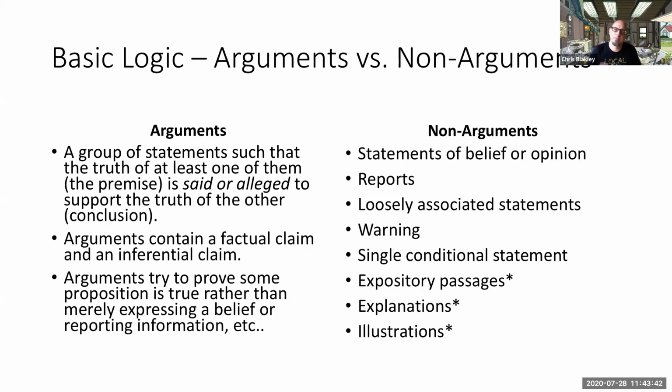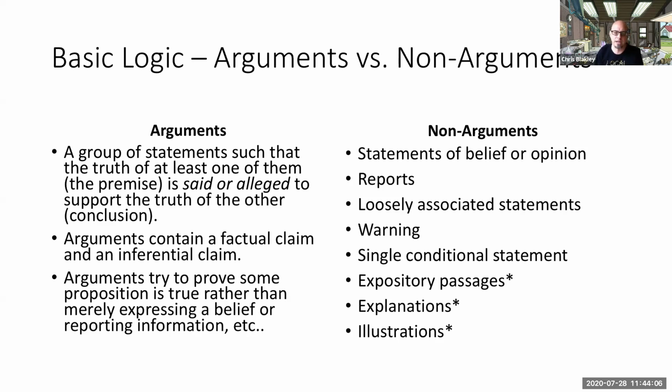And so an argument is a group of propositions that try to prove something, right? And there are many other types of expressions that are non-arguments. So a mere statement of belief, reports, warnings, single conditional statements or propositions. Those are not necessarily arguments, and many times they are not arguments. And then sometimes you might have expository passages, explanations, or illustrations that involve arguments.